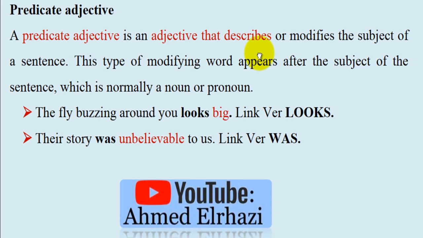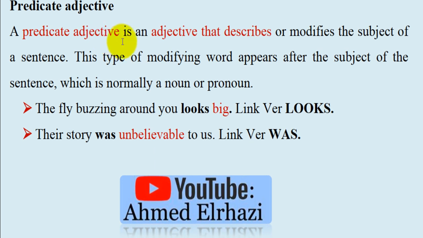Predicate adjective. A predicate adjective is an adjective that describes or modifies the subject of a sentence. This type of modifying word appears after the subject of the sentence, which is normally a noun or pronoun. I repeat this point. A predicate adjective is an adjective that describes or modifies the subject. Now we are talking only about the modification of the subject of a sentence.